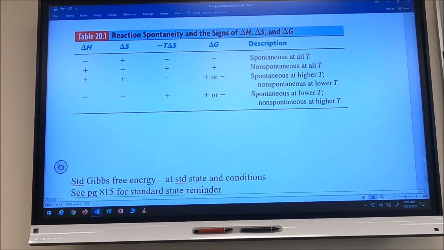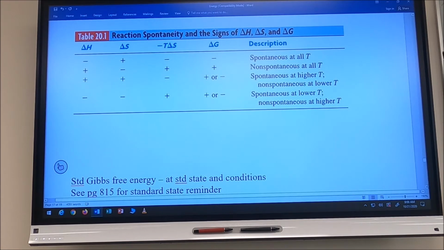At low temperatures, it'll be spontaneous because a minus T delta S, which is going to be a positive value, is going to be in magnitude smaller than delta H, and it'll be non-spontaneous at high temperatures. Okay?